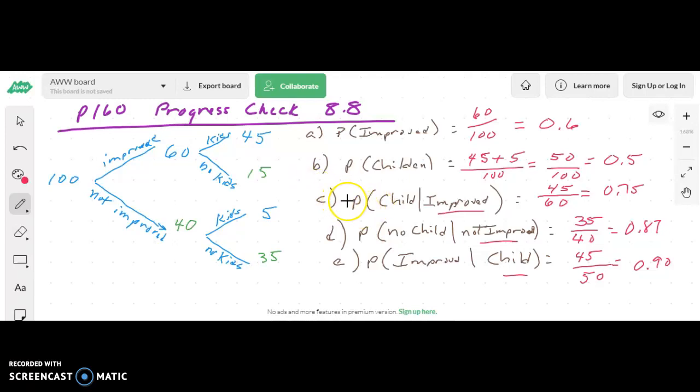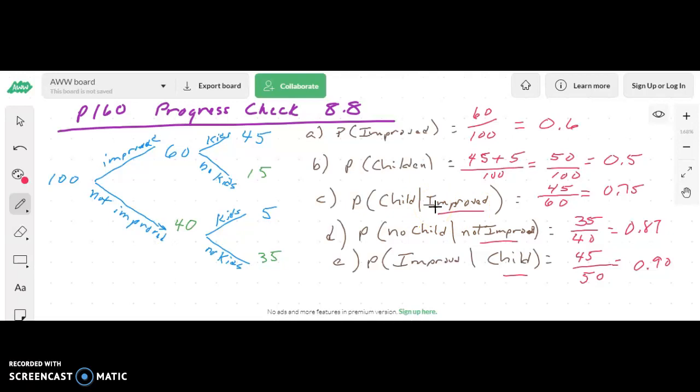So for part C, they asked, what is the conditional probability of randomly selecting a couple with children, given that their relationship was described as improved? When they use the term given that, that's setting up to say, okay, I'm not talking about the entire population of 100 couples now. I'm talking about what's the probability of just the ones that marked improved.